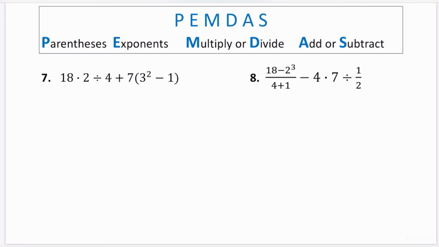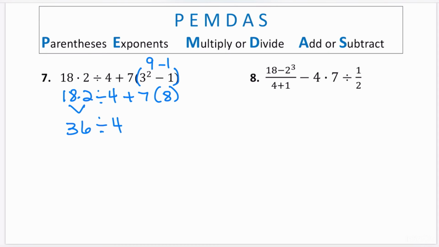In number 7, we do have parentheses, and inside the parentheses we have exponents. So I'm going to go ahead and take care of that first. This means 9 minus 1, because 3 squared is 9, and 9 minus 1 is 8. So this means 18 times 2 divided by 4 plus 7 times 8. 18 times 2 right here is going to be 36.